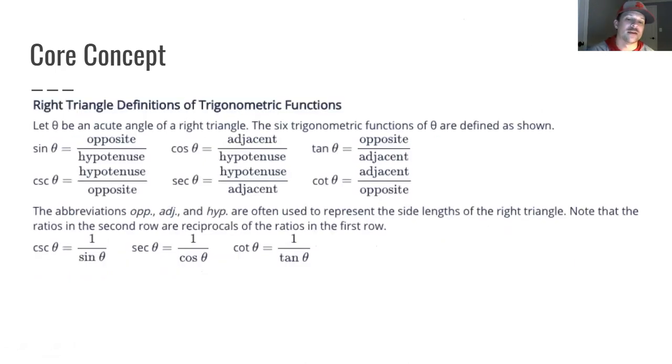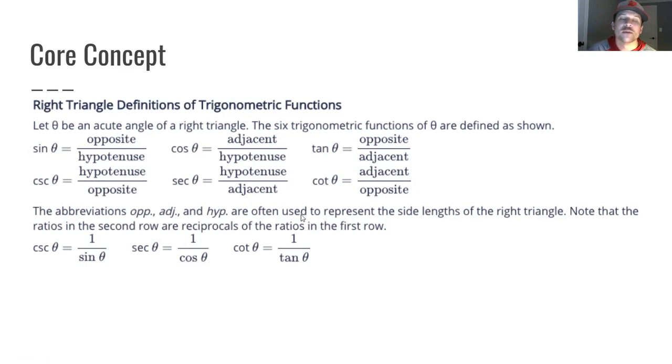So here are the following ratios that you are going to use to set up your side lengths to find the missing angles. The ratio for the sine of an angle is equal to the opposite side divided by the hypotenuse. Sine is opposite over hypotenuse. Cosine is adjacent over hypotenuse. Tangent is opposite over adjacent.